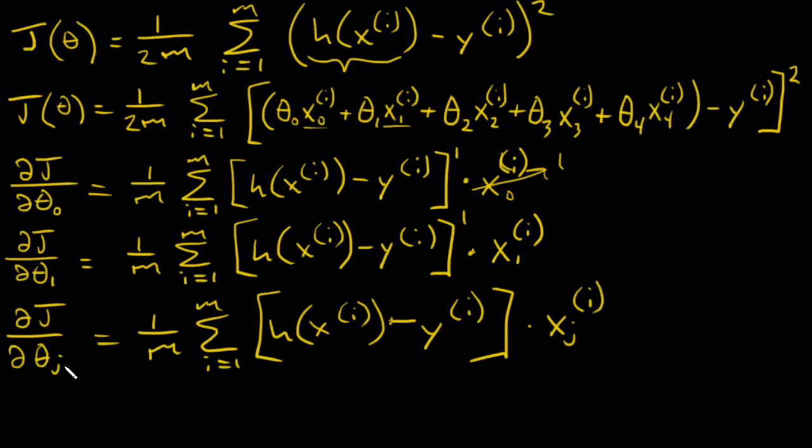So the partial with respect to theta 4 is going to be everything like this, the standard one that is for every single one of them, times x of 4. So that's the way that it's going to work for every single one of my parameters. When I take the derivative of the cost function with respect to that parameter, it is the standard expression we see here, which is exactly the same as we had for the linear regression, times x sub j, i. So that is our new and improved partial derivative.